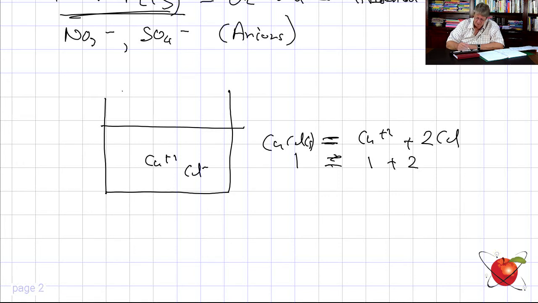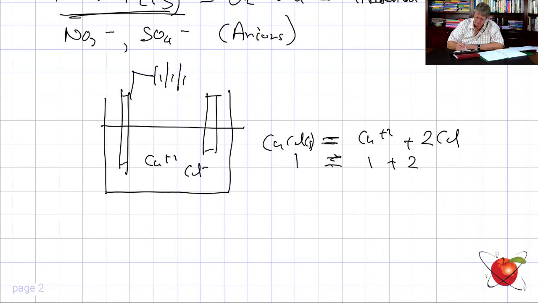The next step is we're now going to put our electrodes into this little mixture, and we're going to connect them up to a battery like that. We say plus and we say minus. Now you say, all right, don't forget we've got H2O in here as well. So what can happen?